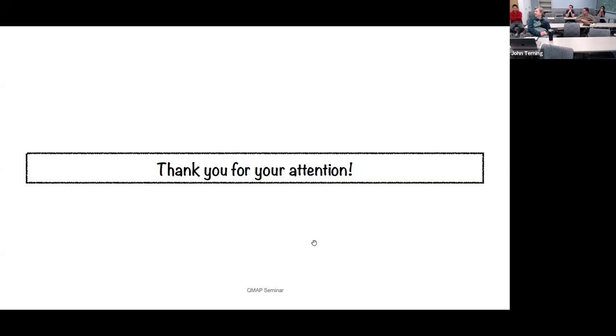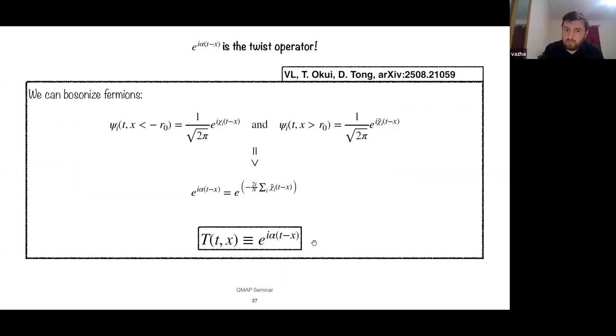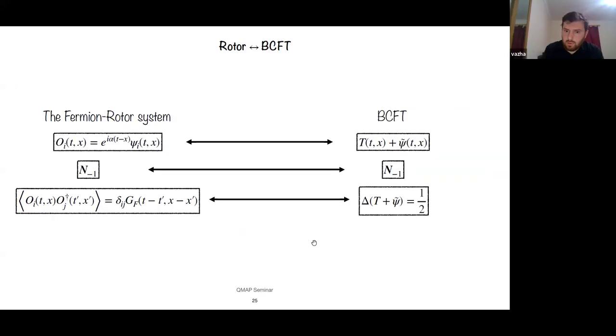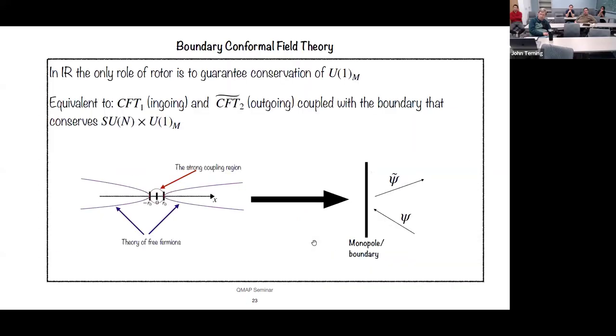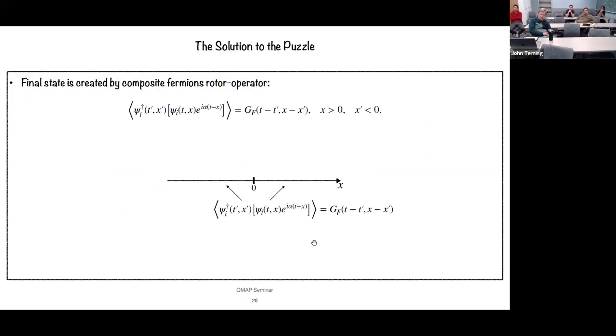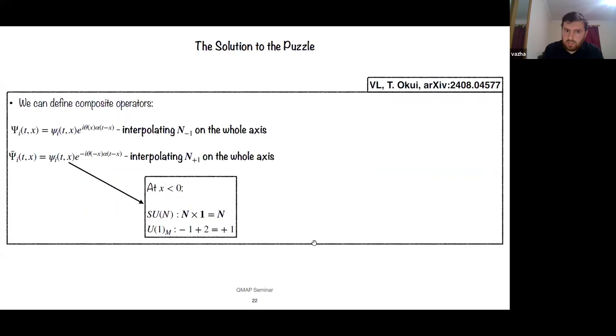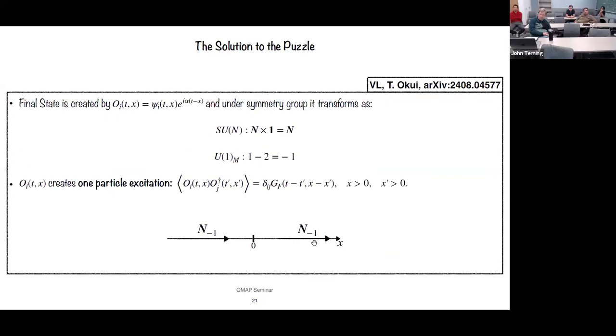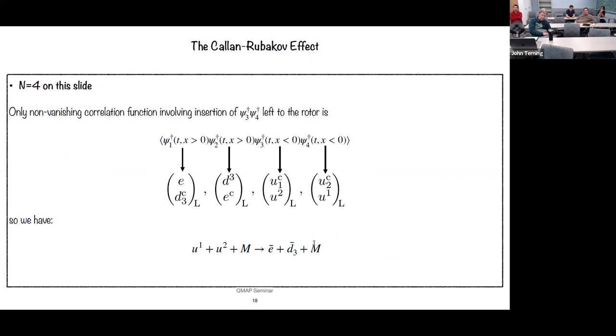Hi, this is Xincha. Just for the Rubakov process, you have two fermions coming in and then they turn into two other fermions, right? Yes, because the correlation function is non-zero. But do you have, say, two fermions coming in and two composite fermions coming out?